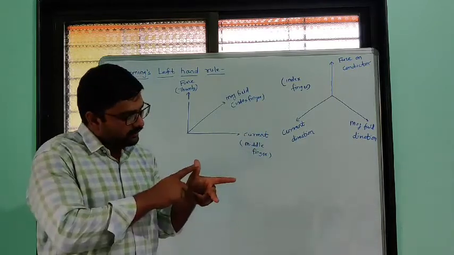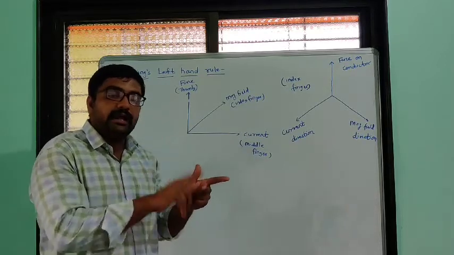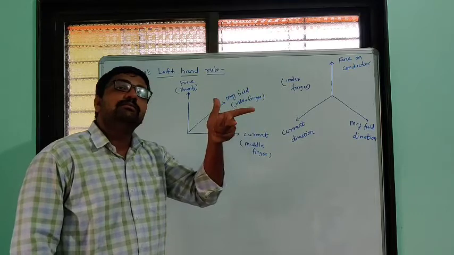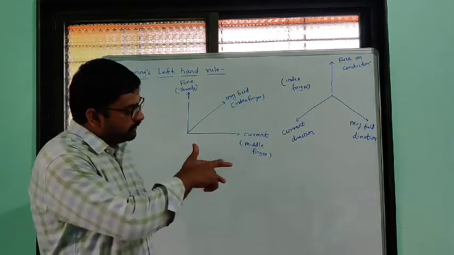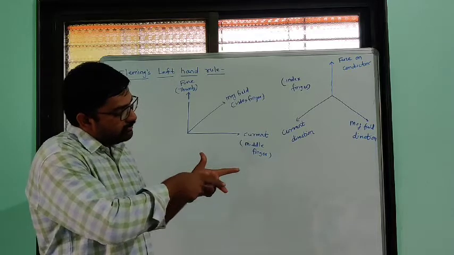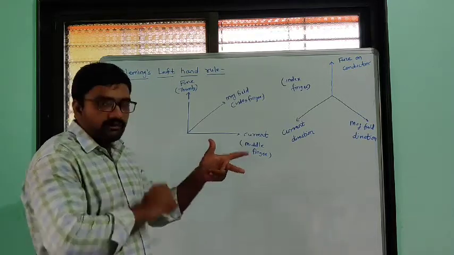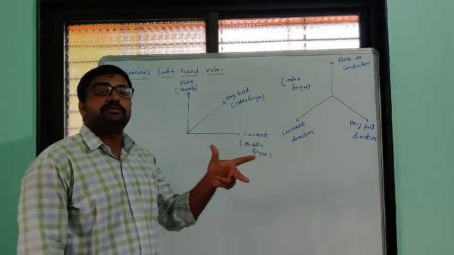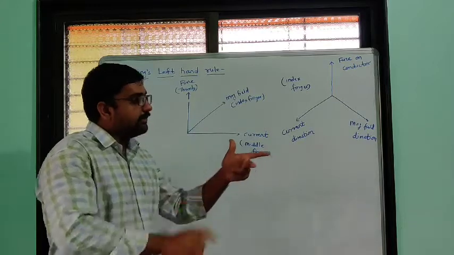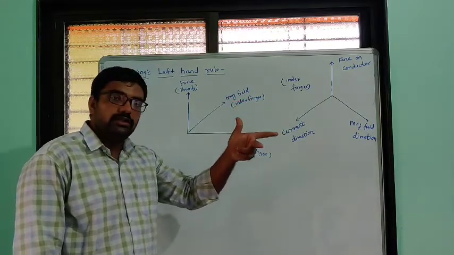Look, these two are mutually perpendicular to each other, these two again are mutually perpendicular, and these two again are mutually perpendicular. So we stretch the thumb, index finger, and middle finger such that all three are mutually perpendicular to each other.